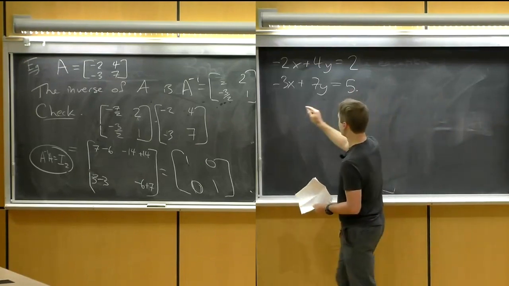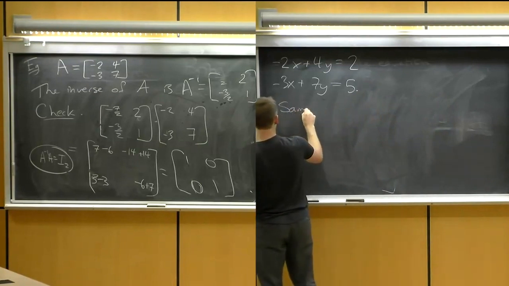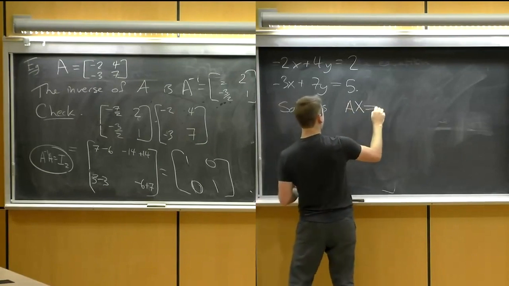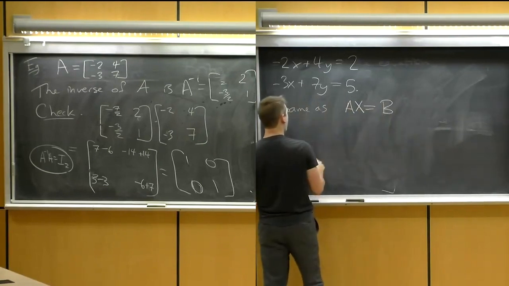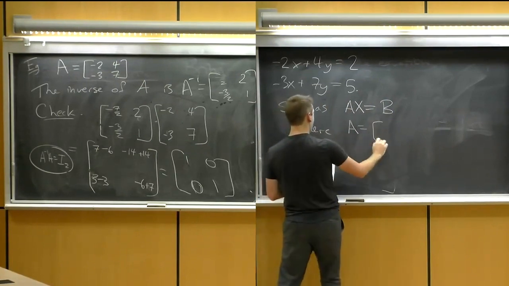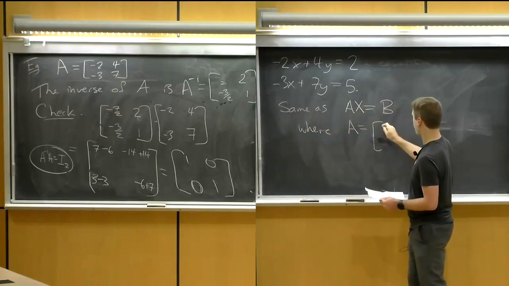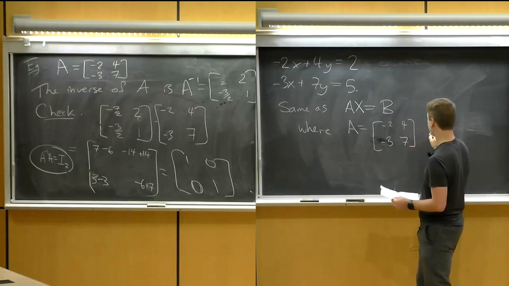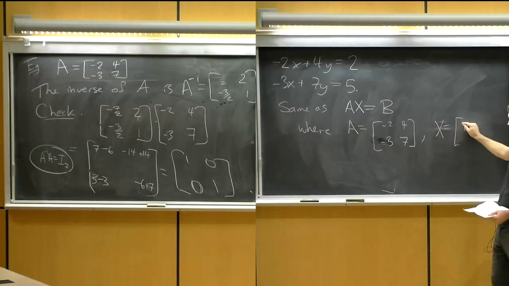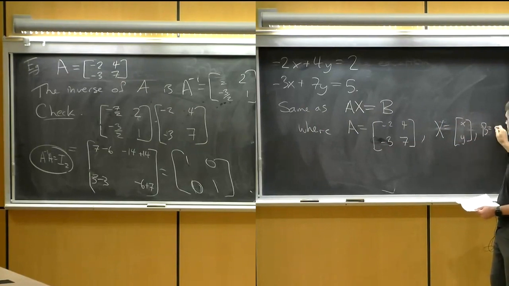So this is the same as the matrix equation, capital A times capital X equals capital B, where A is the coefficient matrix 2, 4, -3, 7. X is the matrix containing our variables, little x and little y. And B is the column matrix 2, 5.